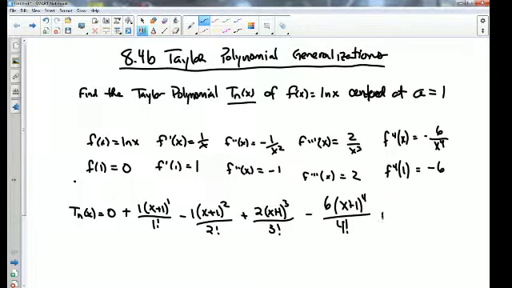So basically what we're doing is generating the nth term.